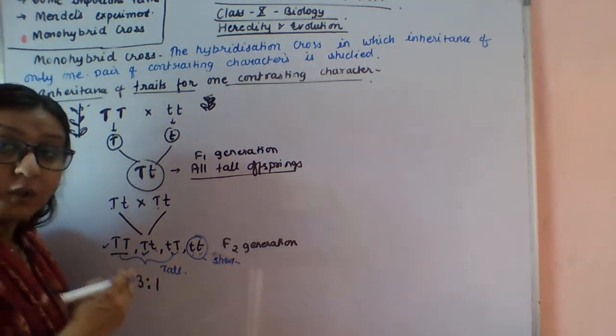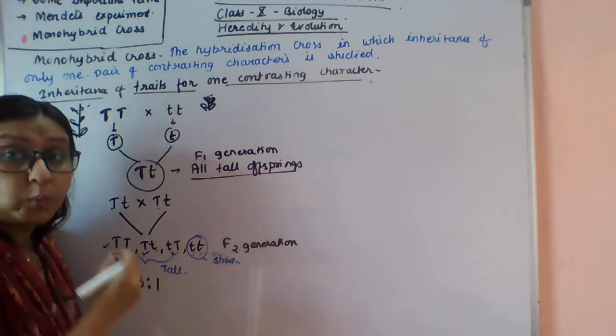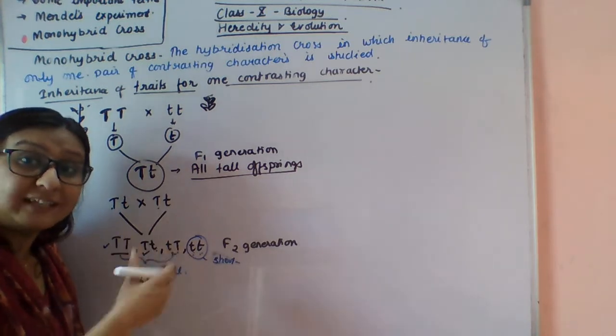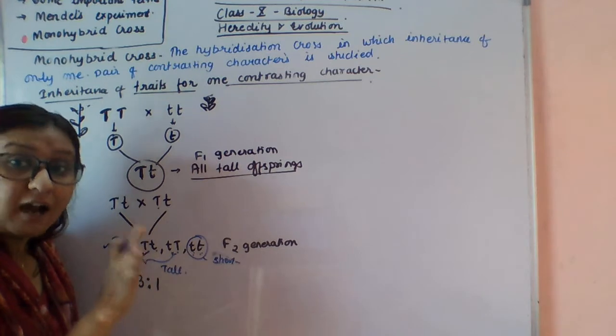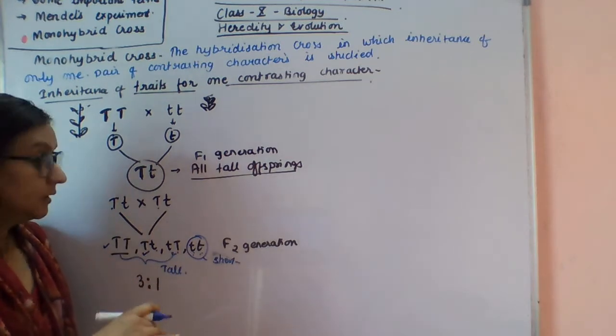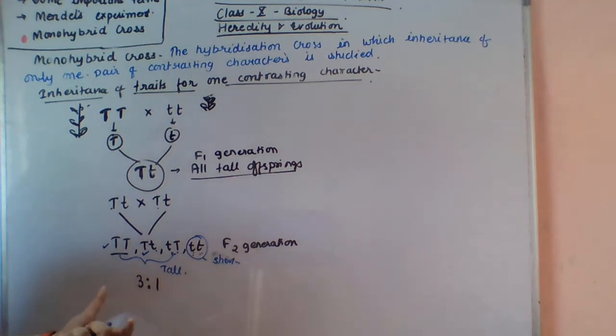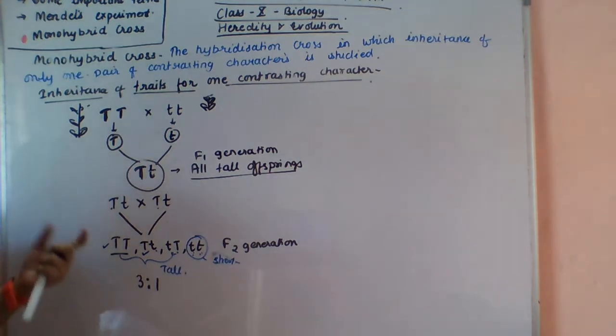Okay, as I told you, the dominant trait can always express itself in the presence of the recessive. Recessive will get masked. Recessive can't show its characters. So here you will get the ratio of 3:1. So this is all about the monohybrid cross.